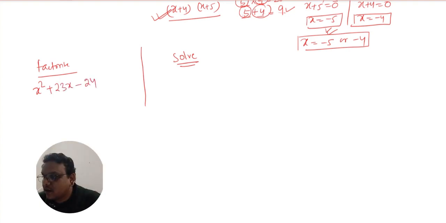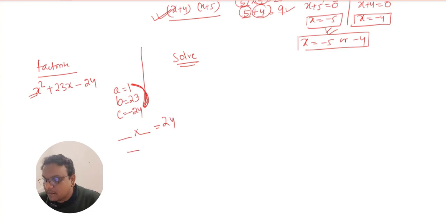Now what is the value of a? First step, the value of a is 1 because there is nothing beside x squared. B is equal to 23 plus, and c is equal to minus 24. Got it? So we have to find two terms whose product will be AC. 1 times 24 is 24, and the same two numbers, when you put them, their subtraction or addition will be 23.